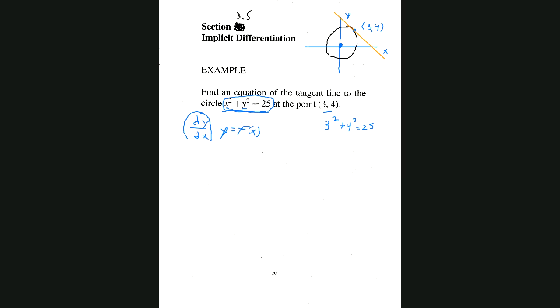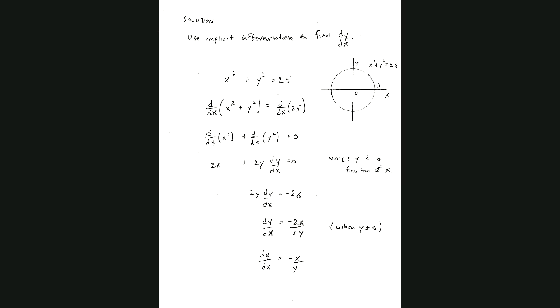So this approach that we're going to use is called implicit differentiation. We understand that y is implicitly a function of x. So here's what we do. We're going to use implicit differentiation to find dy/dx. I just drew a picture of the circle. So we have x squared plus y squared equals 25.